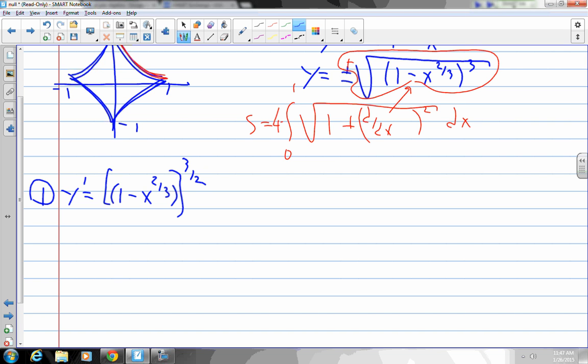So we're taking a derivative of that. We're going to use the chain rule, right? 3/2 comes down. Then it's 1 minus x to the power 2/3. Now subtract 1, so it gives me just 1/2. And then times the derivative of the inside function, which in this case is negative 2/3 x to the negative 1/3.